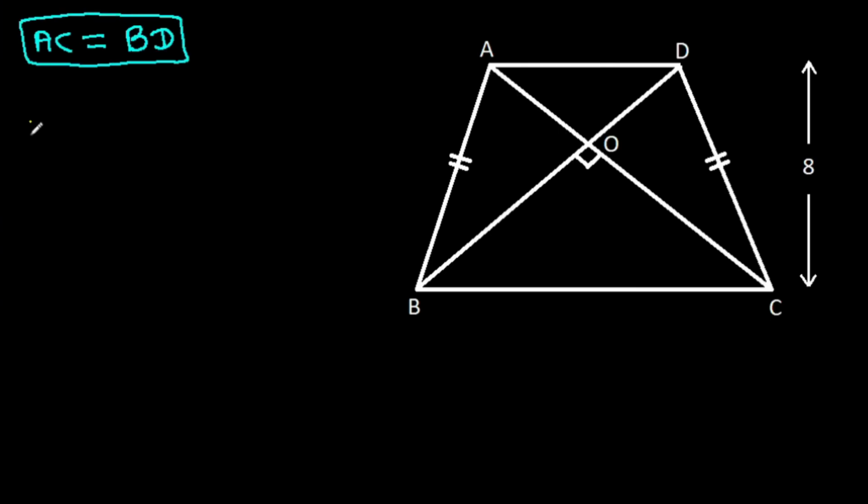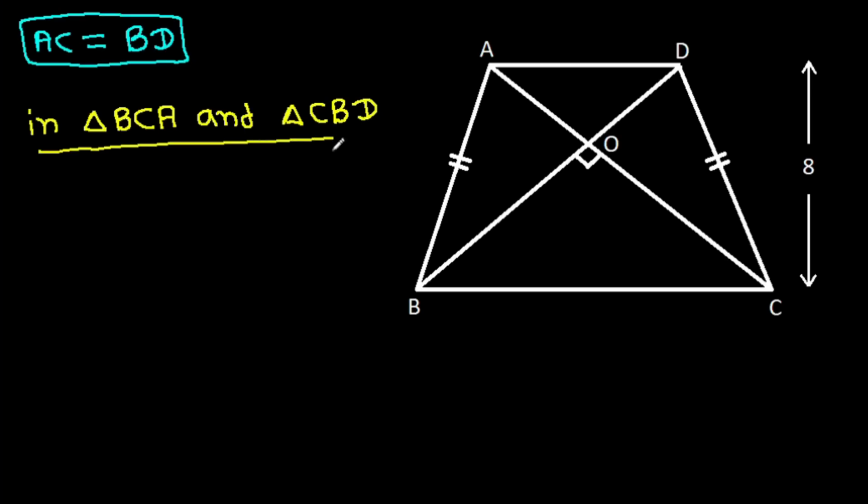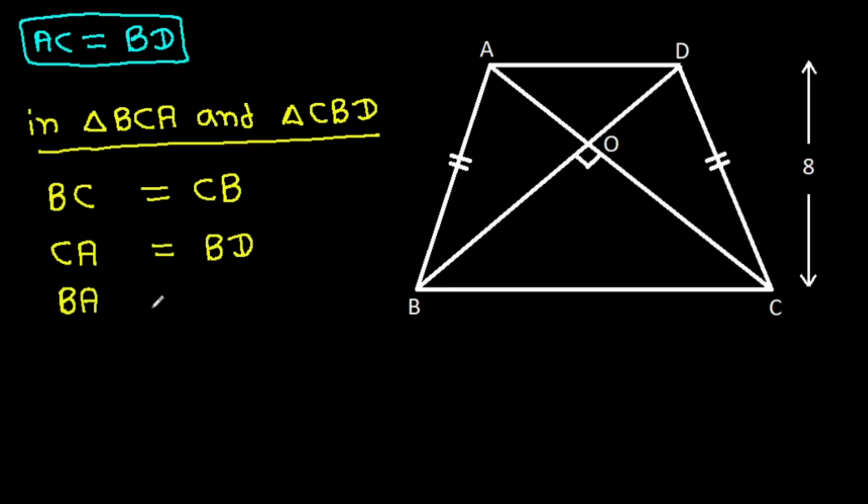And now in triangle BCA and triangle CBD, we have BC is equal to CB, and CA is equal to BD, and BA is equal to CD.